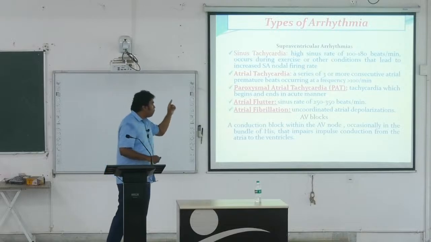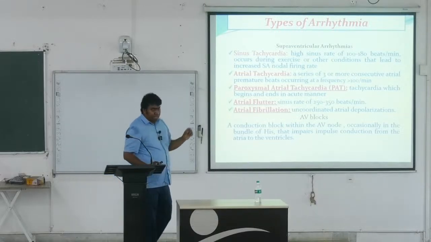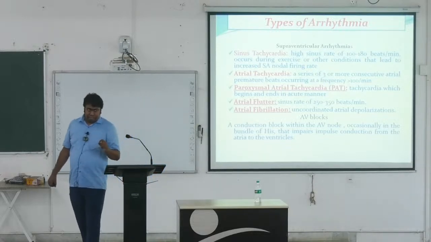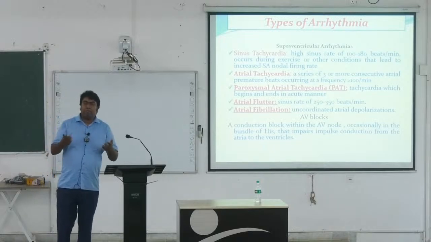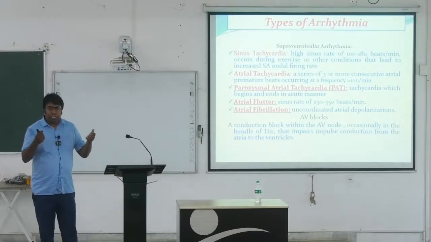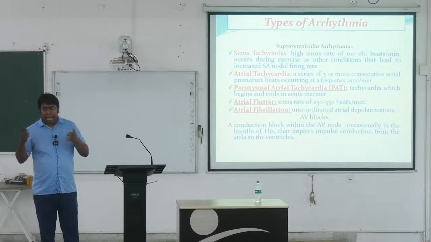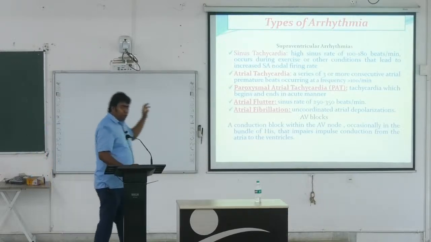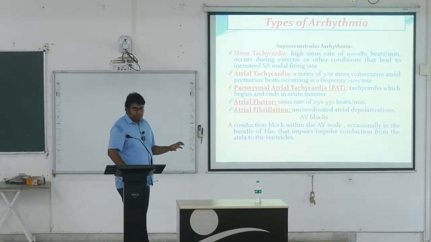And 3 or more consecutive atrial premature beats with a heart rate of more than 110 per minute, that is atrial tachycardia. How can we distinguish between these two? Morphology of P is normal in case of sinus tachycardia. But in atrial tachycardia, P has a different morphology because it is generated from the atrium other than the SA node.